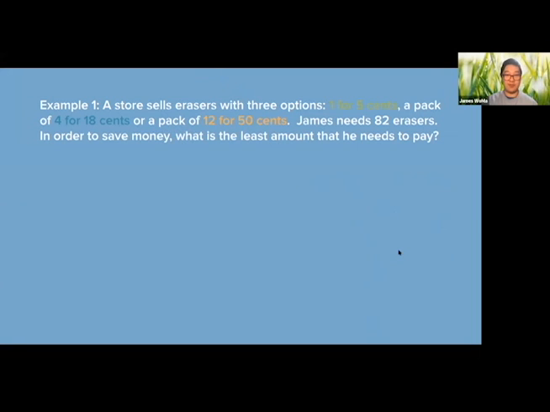So in order to save money, what is the least amount that he needs to pay to get 82 erasers? Try these by yourself, and please send me your progress or your result in the chat. You can direct message. Be sure to direct message.